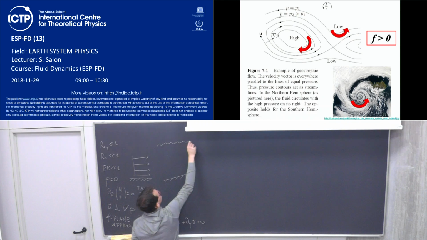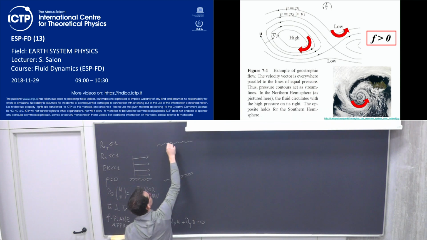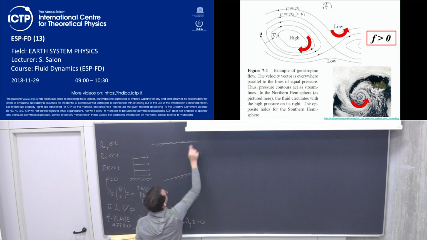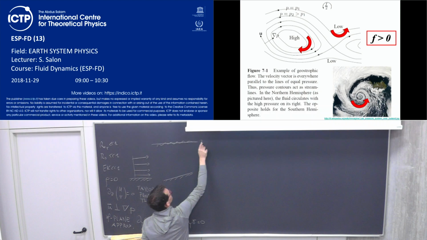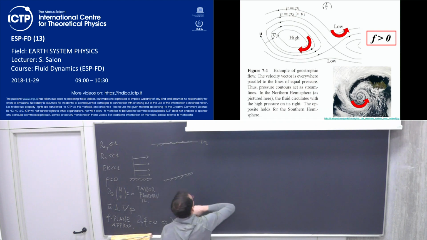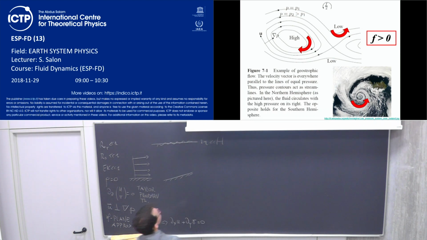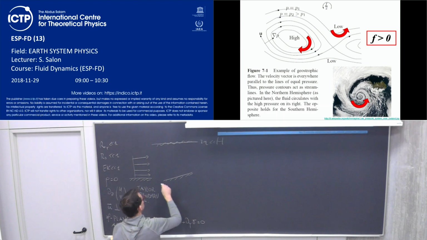There is some sort of discontinuity here, and we can impose here. This discontinuity may have, for example, a scale eta, which is much smaller than capital H.